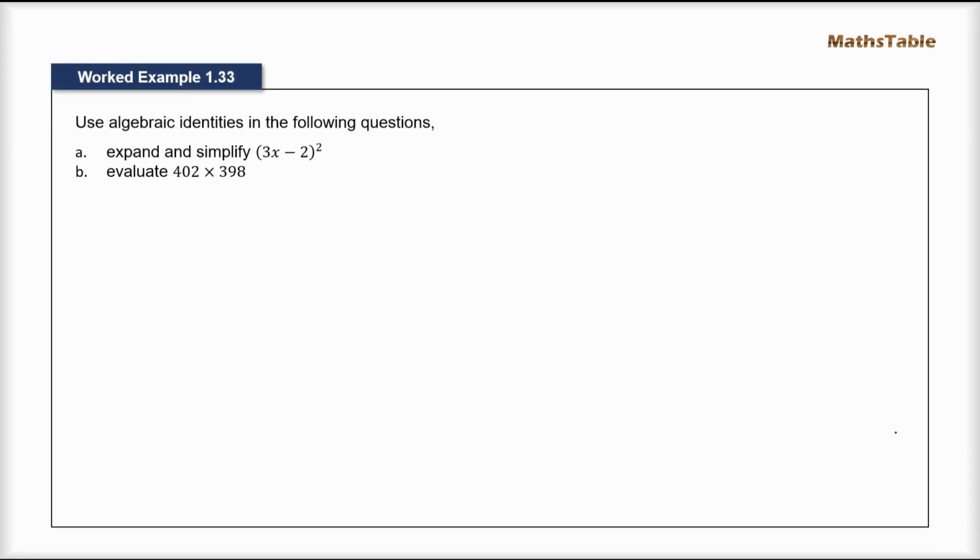So let's check this example. In these two parts of this question, we are required to use any of these three algebraic identities. In the first part, we are required to expand and simplify this expression, 3x minus 2 whole square. Now we can clearly see that this is written in factorized form.